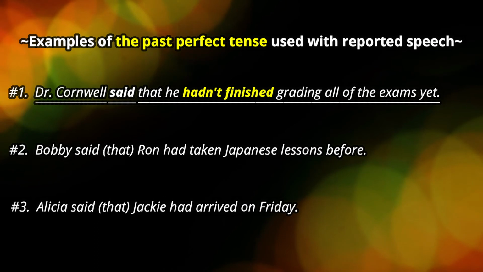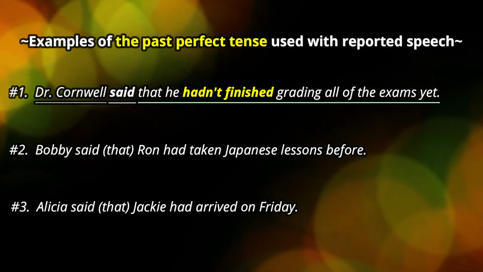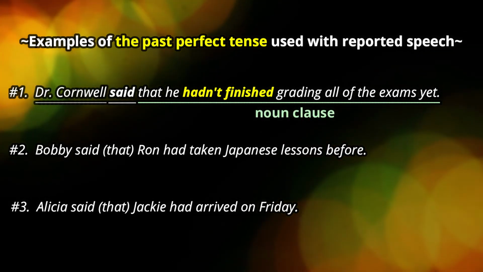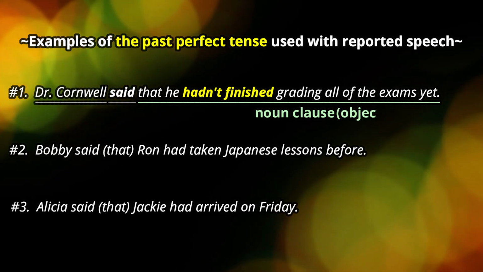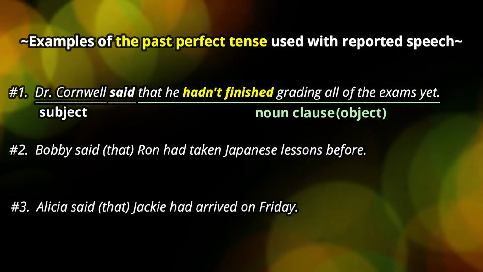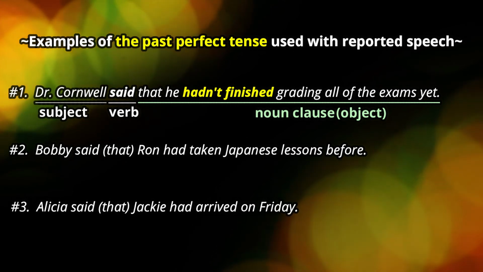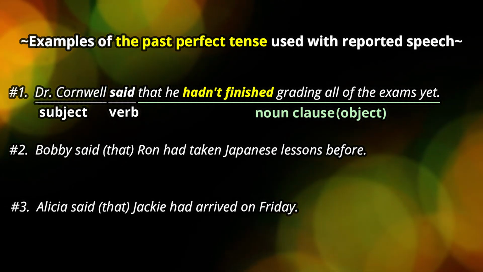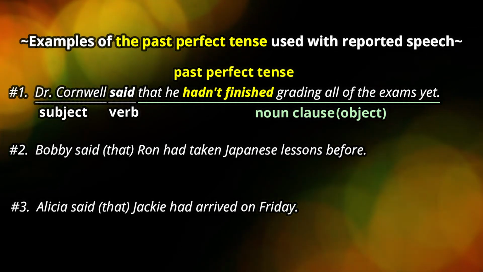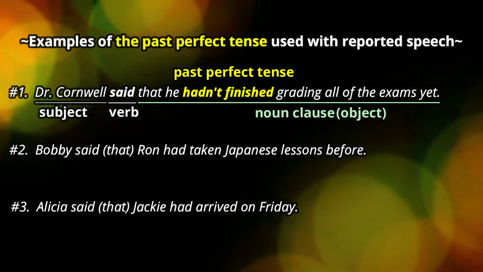Now, that part of the sentence is a noun clause, which actually is the object of the sentence. So we have our subject, which is Dr. Cornwell. Then we have the verb, which is said. And then we have our noun clause. And in the noun clause, we see our past perfect being used. Okay? And that's really how you're going to see the past perfect used with reported speech.